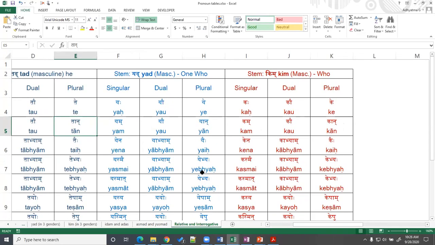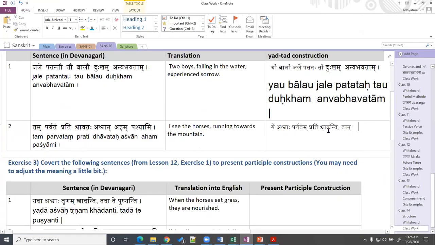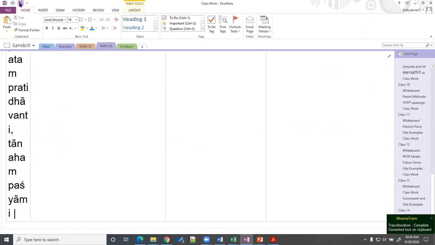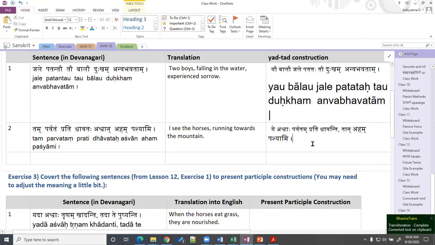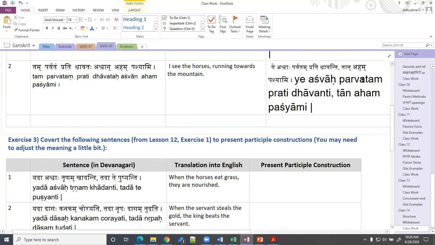So tan is the second case plural. So ye ashwa parvatam prati dhavanti tan aham pashyami. Then aham pashyami is the same. So that's how you will make it.